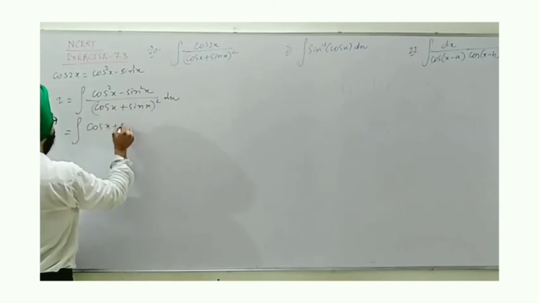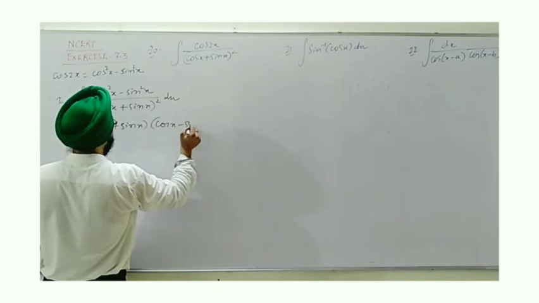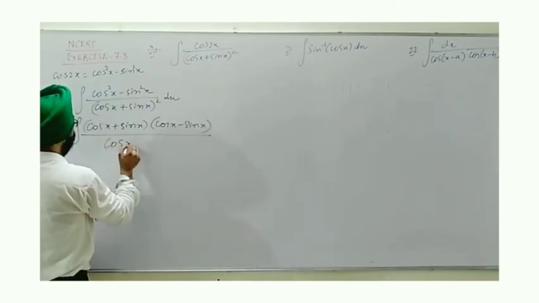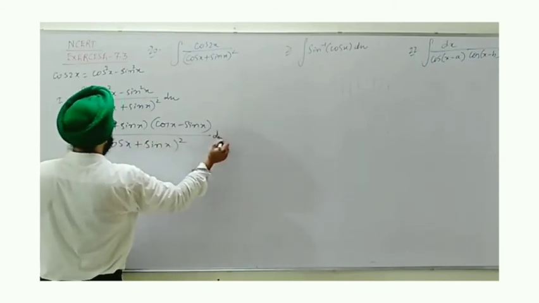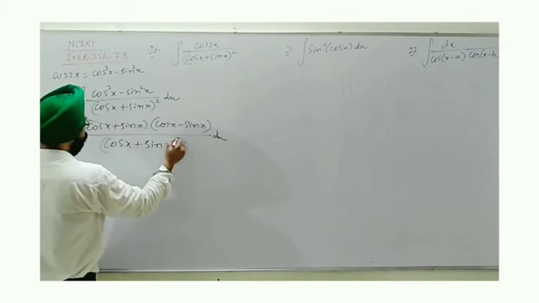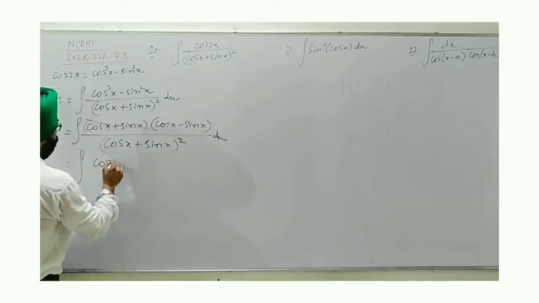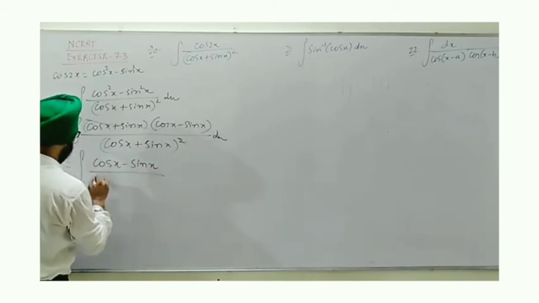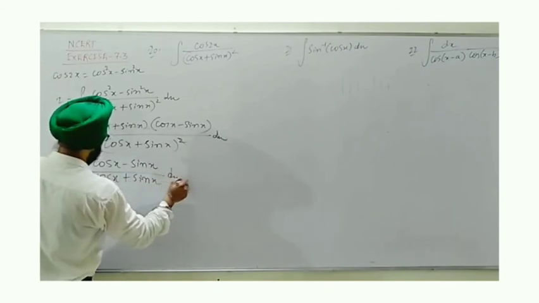We have cos x plus sin x in one bracket and cos x minus sin x in the other. In the denominator, cos x plus sin x whole square as it is. This bracket cancels the power, and now we are left with cos x minus sin x upon cos x plus sin x dx.